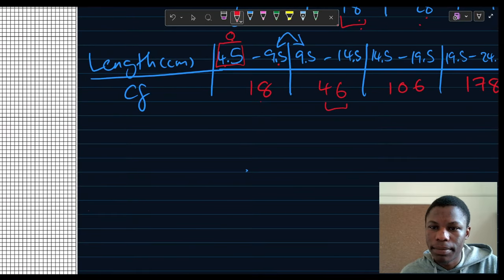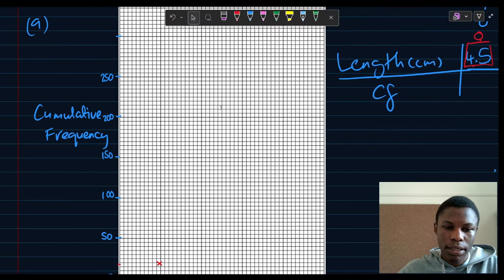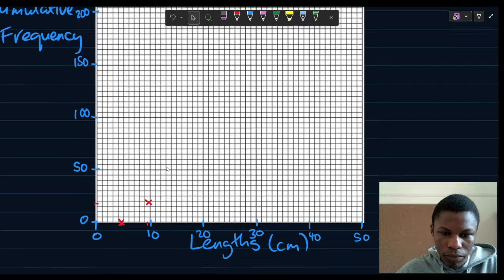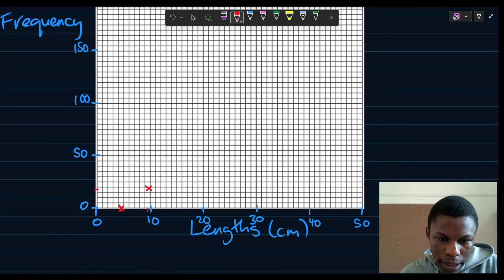And then 14.5 against 46. 14.5. 11, 12, 13, 14.5, 46. So if I go all the way to 50, I subtract 5, I'm at 45.